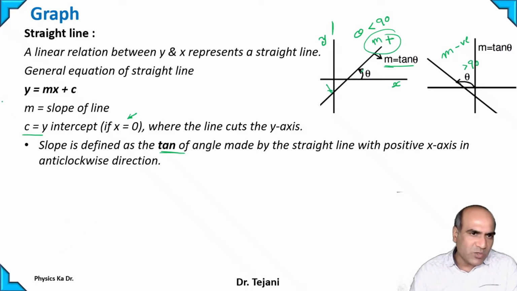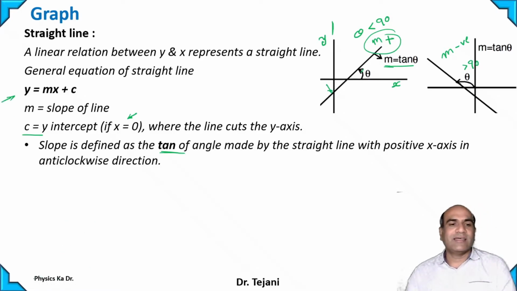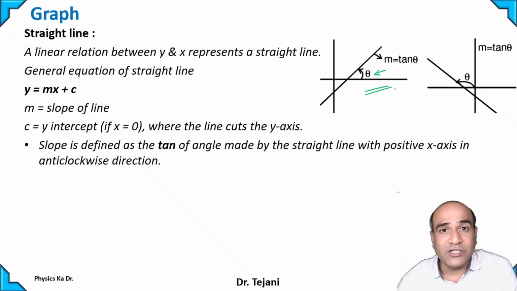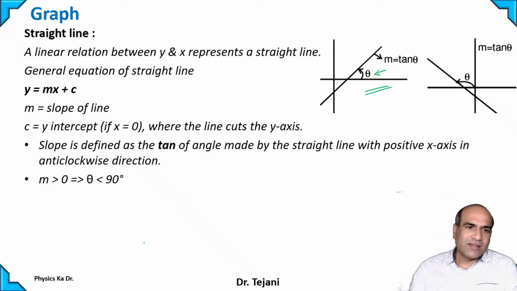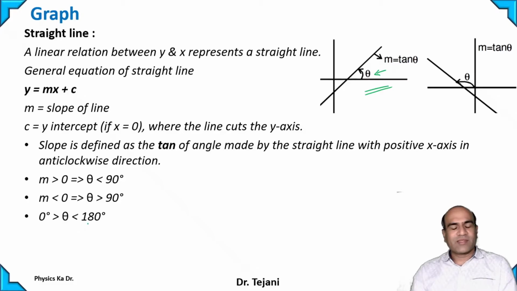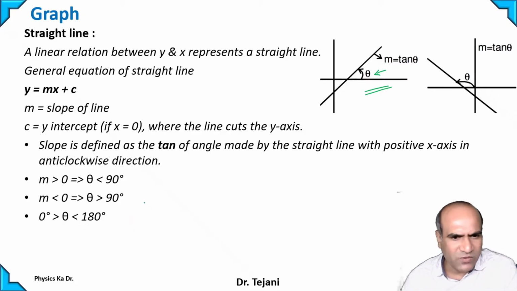We need y is equal to mx plus c in the next equation, as well as theta, where it should be positive and where it should be negative. We know m is greater than 0, positive, when theta is smaller than 90 degrees, and m should be less than 0, negative, if theta is greater than 90. And theta always lies between 0 and 180. We know that very well.